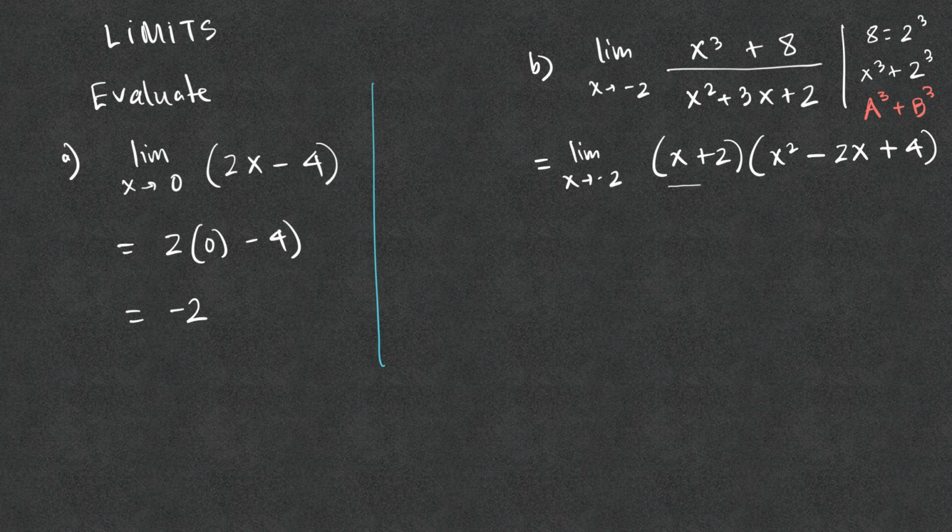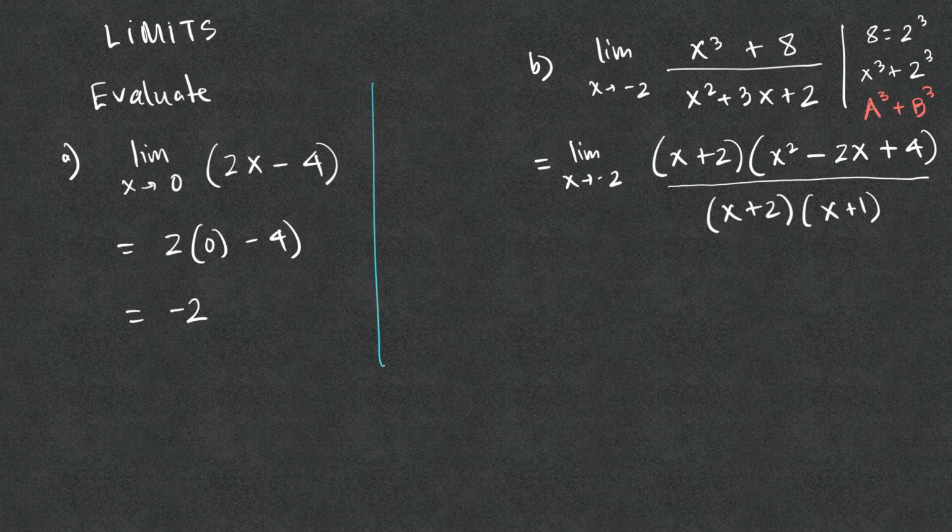In the denominator, we have a trinomial which can be factored as x plus 2 times x plus 1. We can check that x times x is x squared, x times 1 is x, 2 times x is 2x, x plus 2x is 3x, and 2 times 1 is 2.